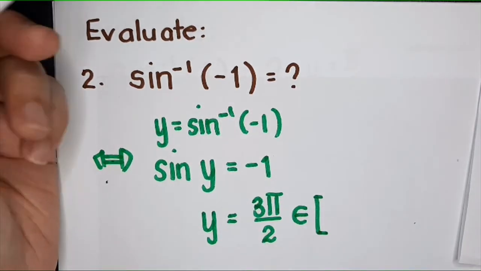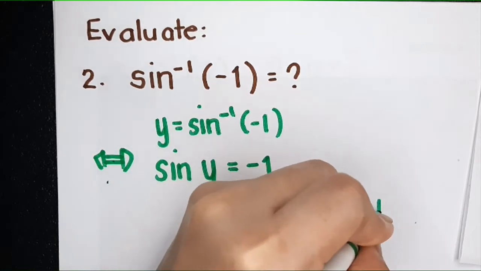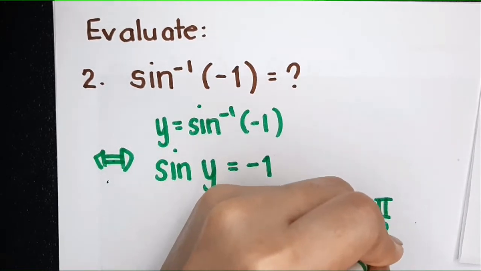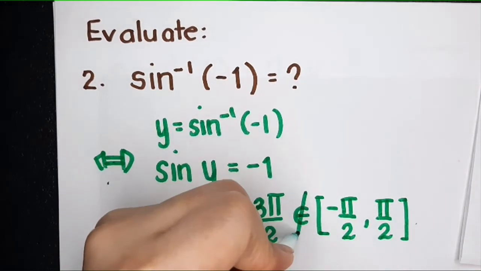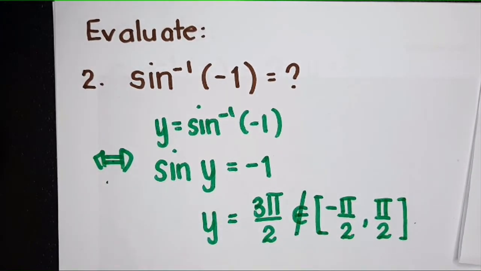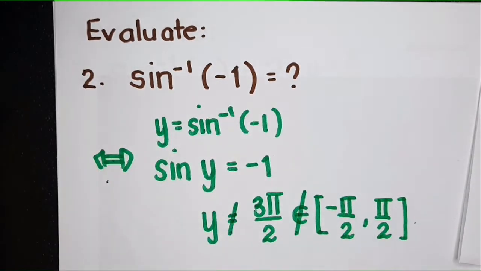Ano ba ang range ng inverse sine? Negative pi over 2 to pi over 2. Diba? Nandyan ba siya? Actually, wala. Okay? So, ibig sabihin, ang y, hindi pwedeng 3 pi over 2. Okay? Ano kaya?